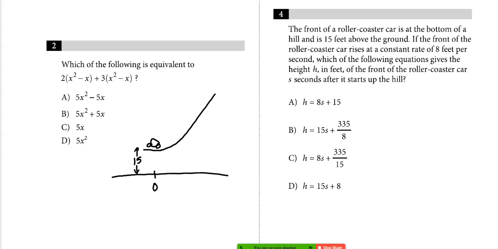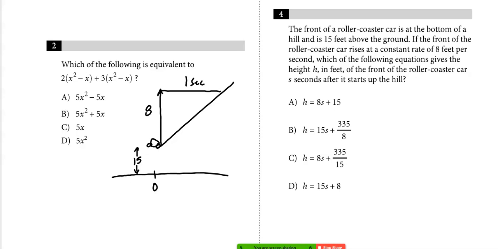And I probably should have put this in a straight line as opposed to kind of on a curvy track. But we're going to go straight up, and it looks like we're going to go up 8 feet for every 1 second over. So we have a slope of 8 over 1. So that rate of change, that vertical change over horizontal change, tells me I have a slope of 8.